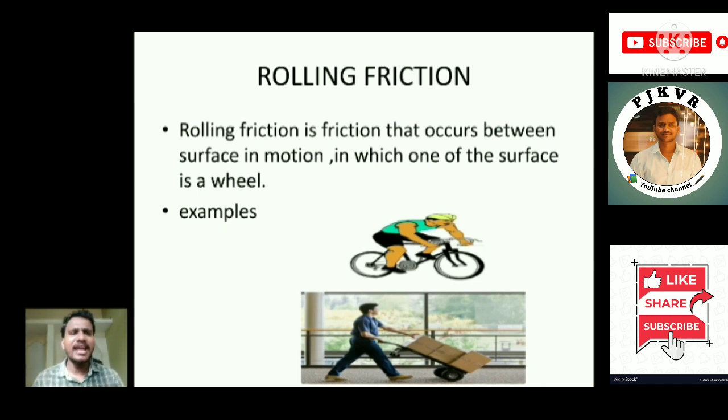You see in the trolley having rolling friction, the heavy object moves easily and smoothly because there is a ball bearing fixed in the picture.